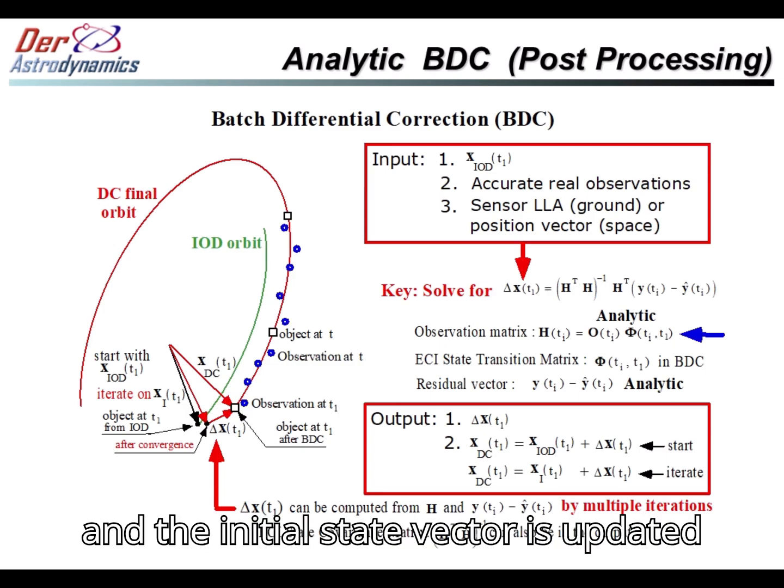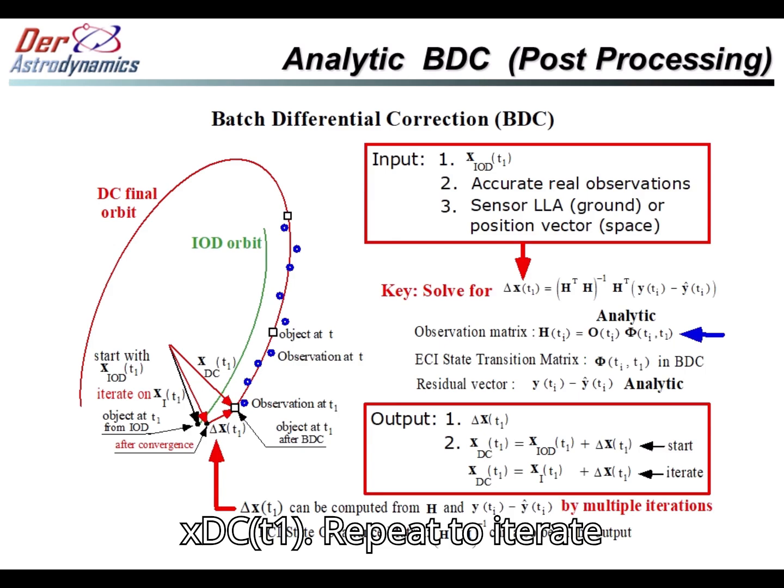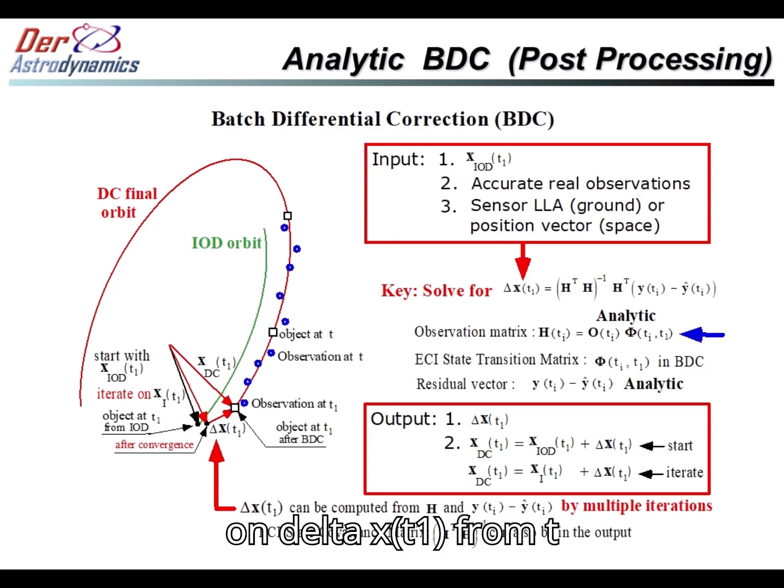And the initial state vector is updated as XI-T1 equal to XDC-T1. Repeat to iterate on delta XT1 from T1 to Tn, giving the new XDC-T1 equal to XI-T1 plus delta XT1 and the new XI equal to XDC-T1.